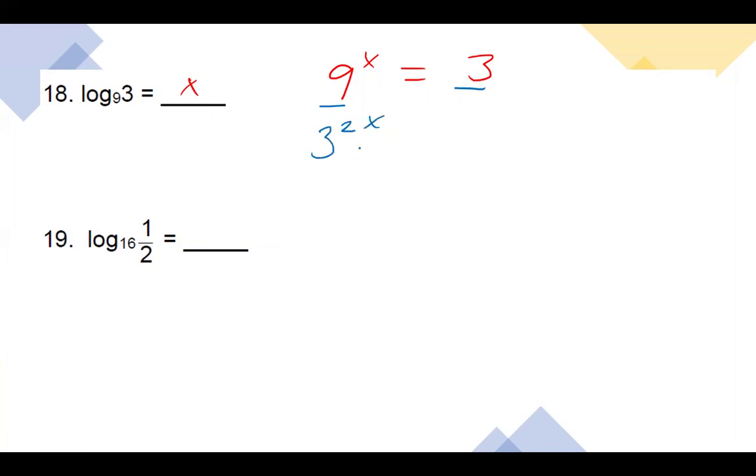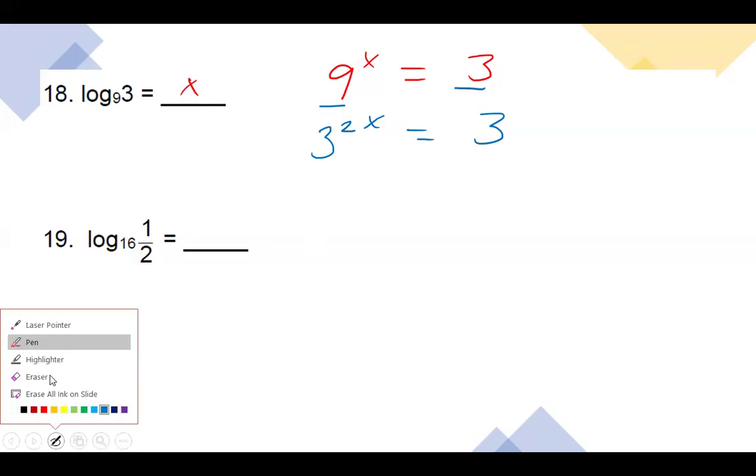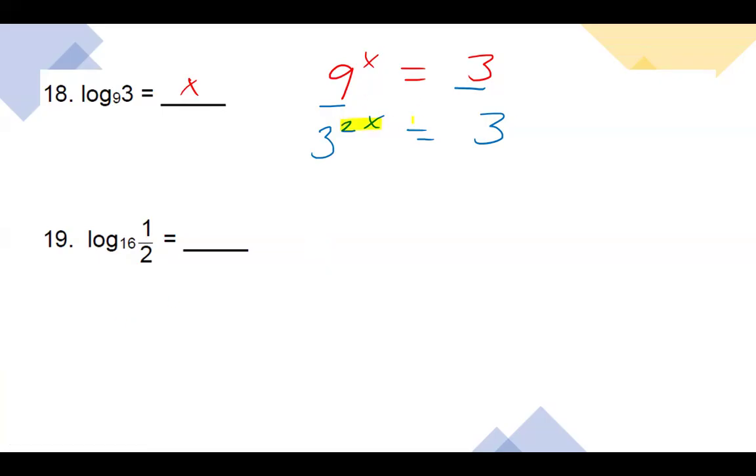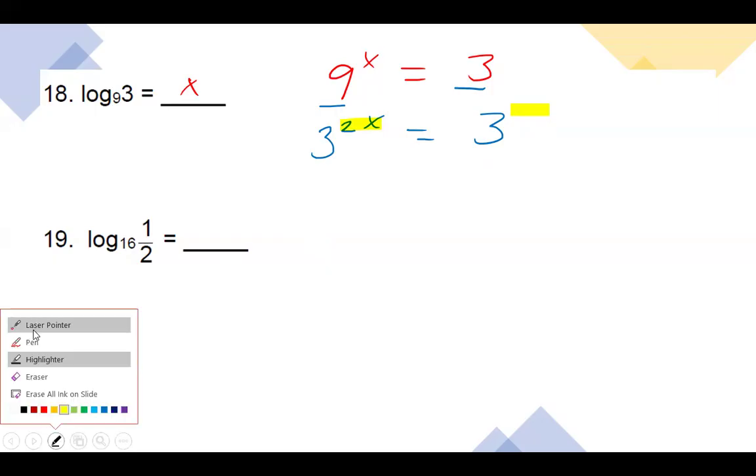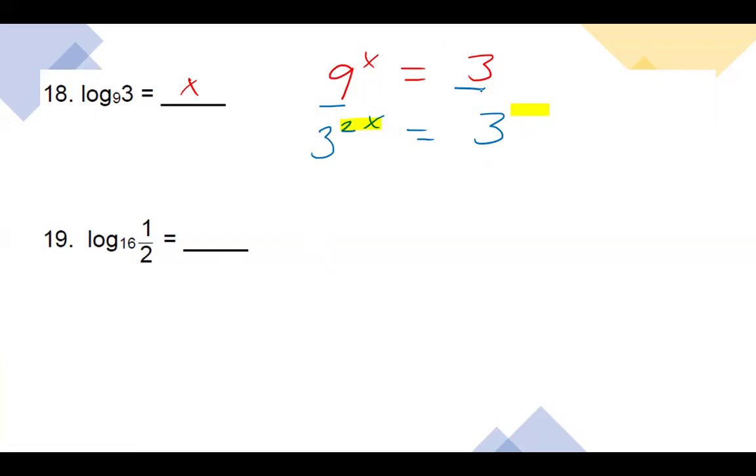So I can rewrite 9 as 3 to the second, to the x, equals 3. Now my bases are the same, so all I have to do is worry about the power. And if there's no power there, what number is there if there's nothing there? 1, Casper the friendly one.